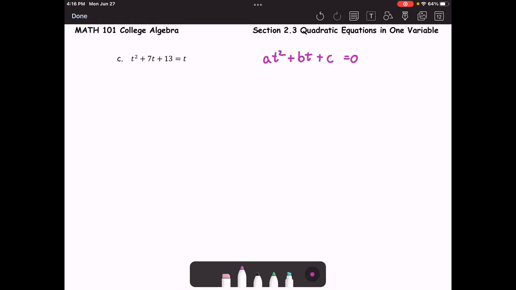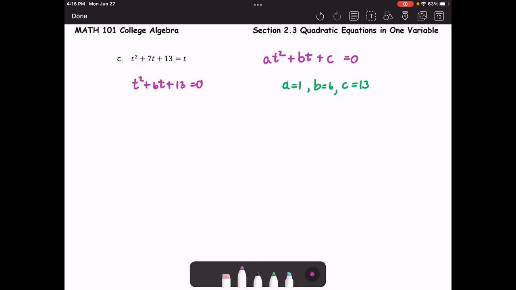So subtract t from both sides of the equation to get t squared plus 6t plus 13 equals 0. That means our a is 1, b is 6, and c is 13.